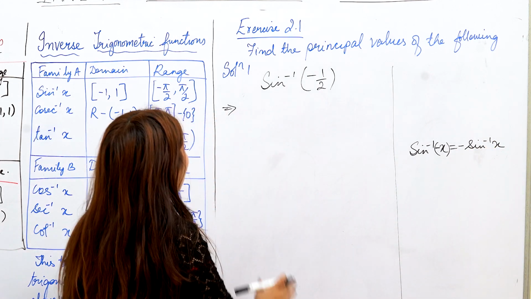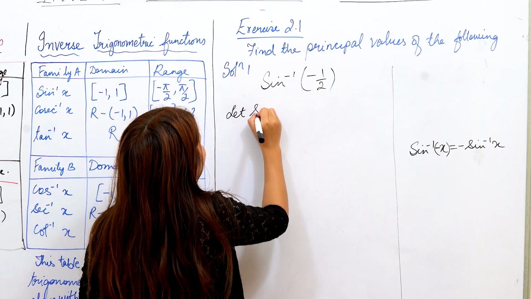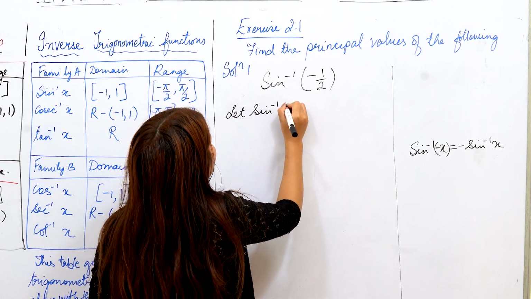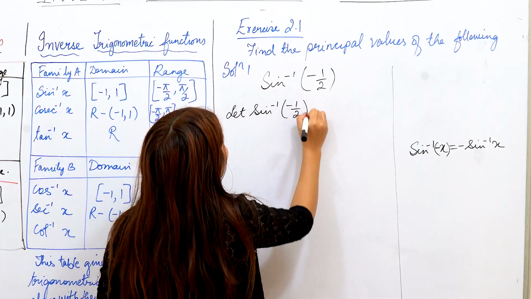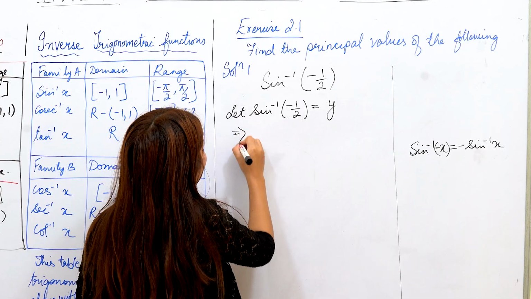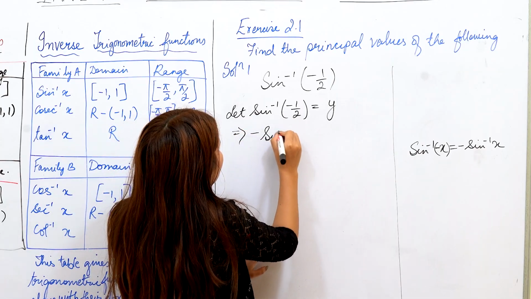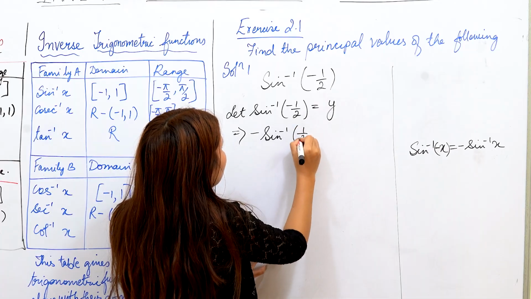So, let sine inverse of minus 1 by 2 equal y, which implies y equals minus sine inverse of 1 by 2.